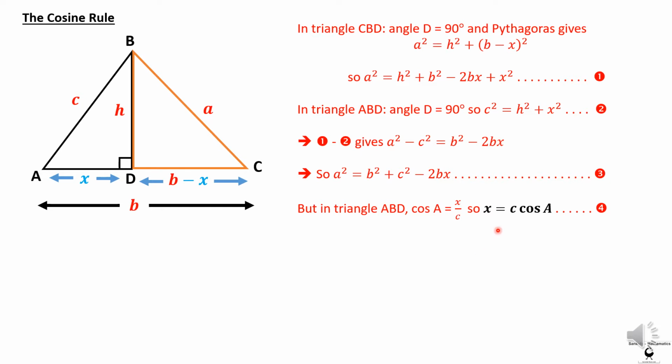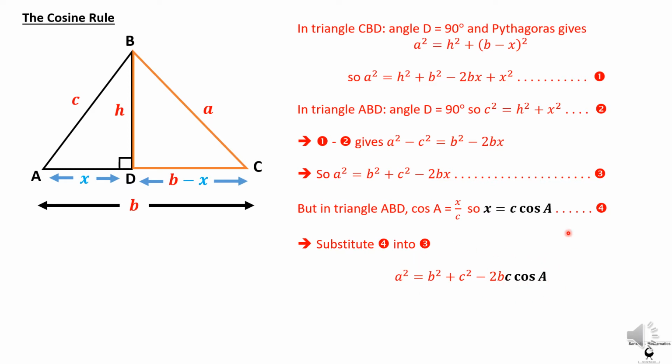When you have that, go ahead and make x the subject of the formula. So now I have x the subject of the formula, so I will use that value, c cos A, and replace it where I have an x in my formula. And when I did that, I eventually end up with a squared is equal to b squared plus c squared minus 2bc cos of A.